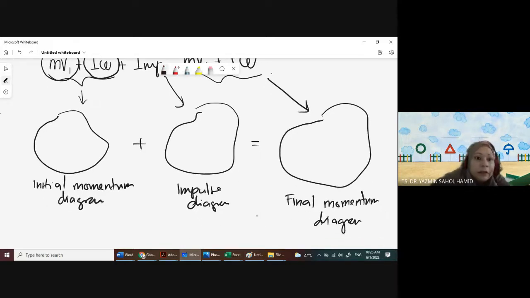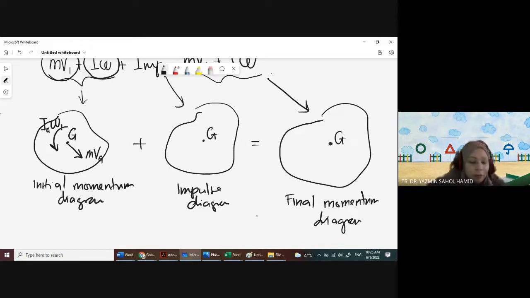For the initial momentum diagram, let's draw G at the center here. You can have a linear momentum, mvG, and you can have an angular momentum, IG omega1.